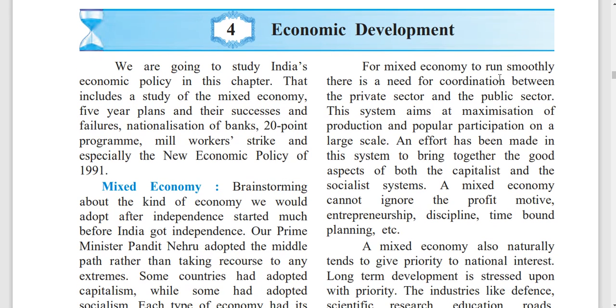For mixed economy to run smoothly, there is a need for coordination between the private sector and the public sector. This system aims at maximization of production and popular participation on a large scale. An effort has been made in this system to bring together the good aspects of both the capitalist and the socialist systems.